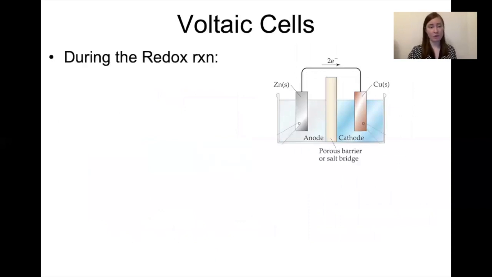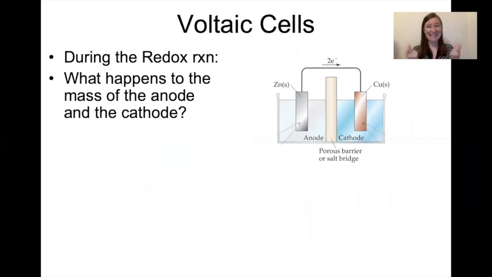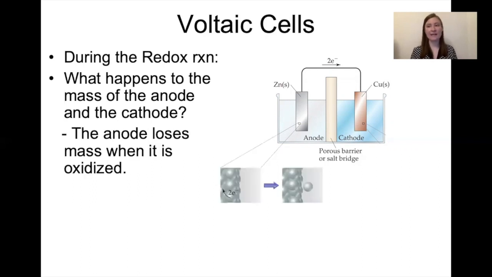During the chemical reaction that's happening, the masses of these two electrodes, the anode and the cathode, will actually literally change. Let's take a minute to think about what's going to happen to the mass of the anode and the mass of the cathode. So the anode is getting oxidized.